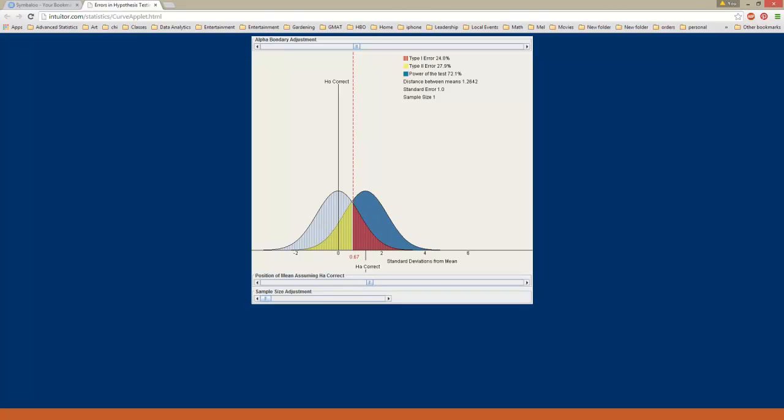Now when we raise the sample size, oops, sorry, I got the wrong one. Got to get this to 0.05 again.